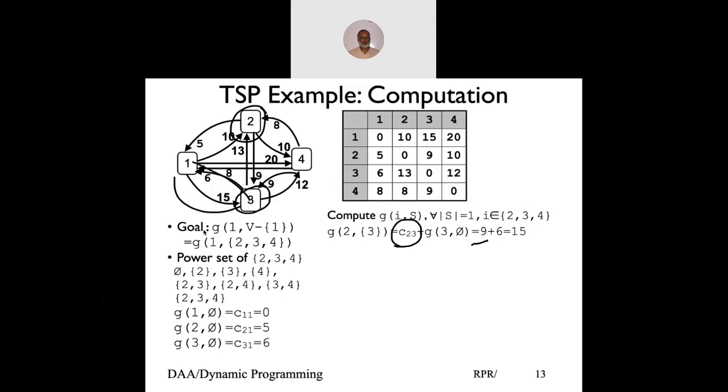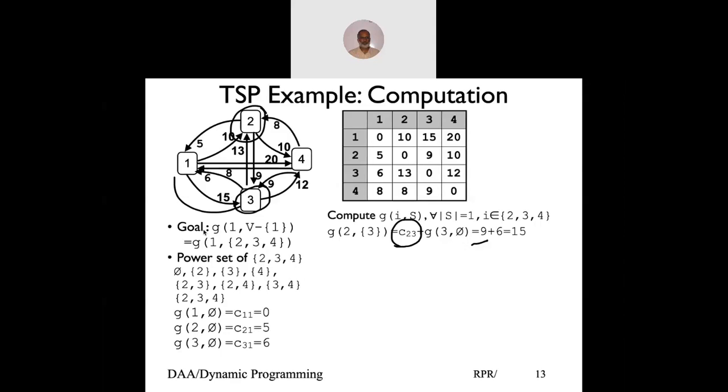Remember, once I've gone to this vertex, I need to look at remaining vertices other than 3 because I already chose it. So from 2, I have only the set {3}. If I take 3, I'm remaining with the empty set, and G(3, empty) gives me 9 plus 6.